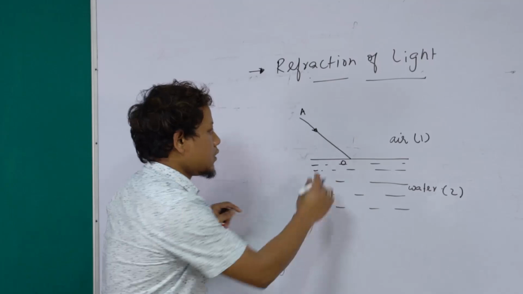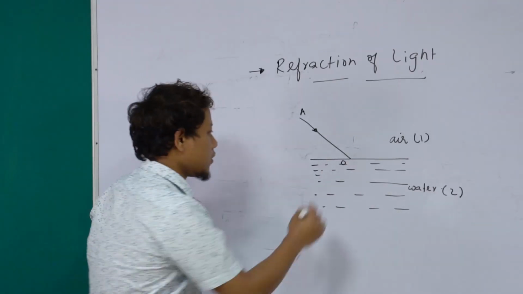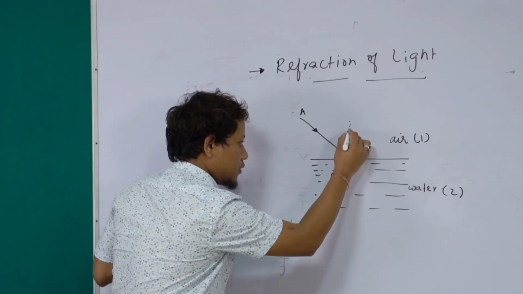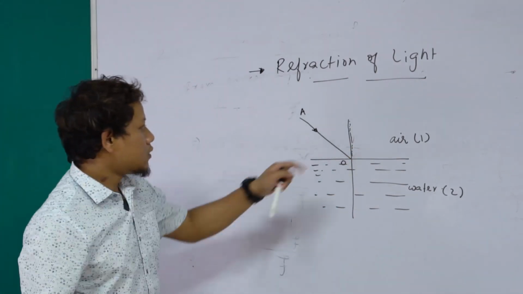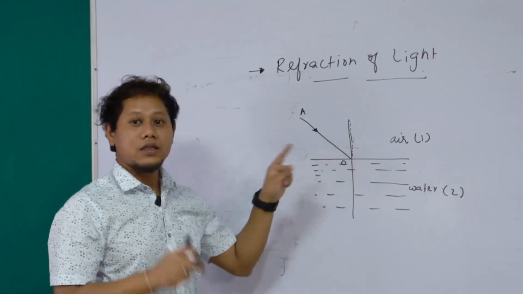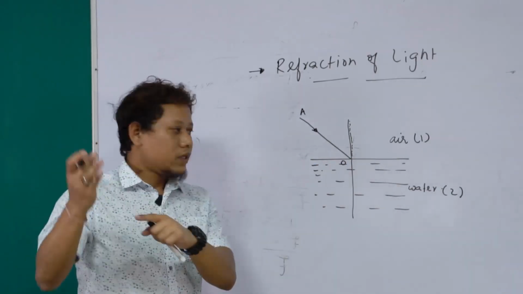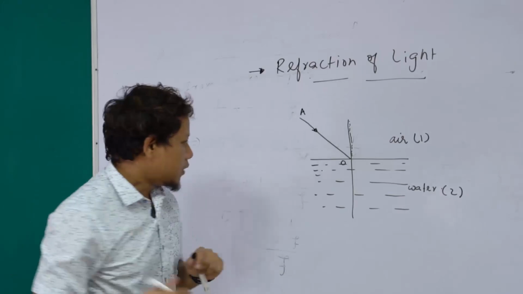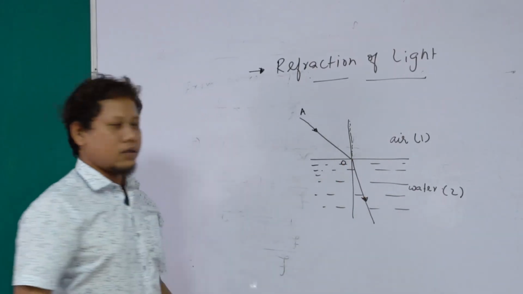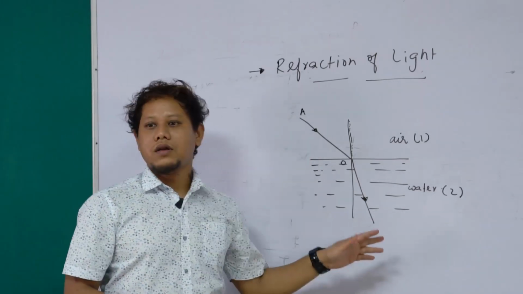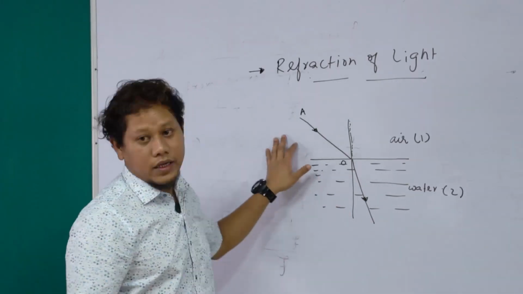Since this interface is transparent, this is the normal at the point of incidence. Once this ray of light encounters this medium, it enters the other medium. So this phenomenon is called refraction of light.